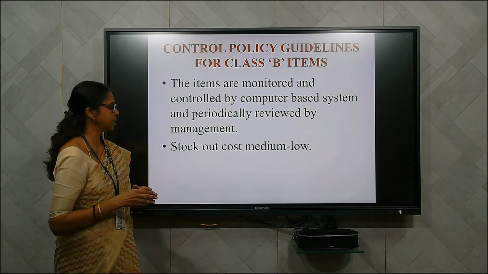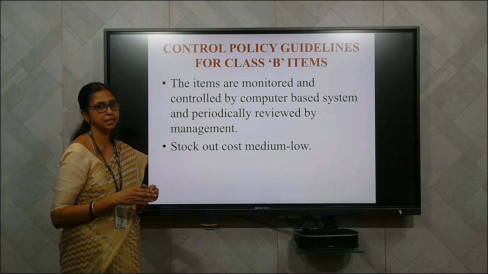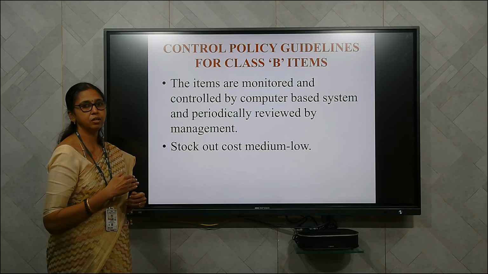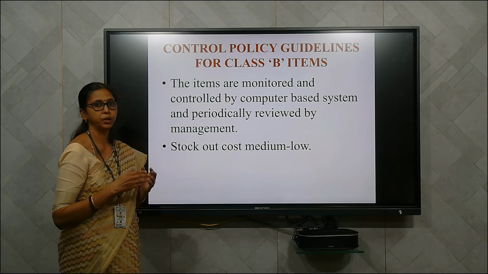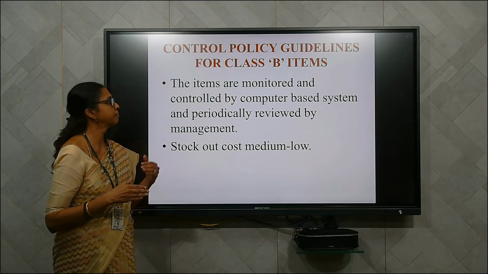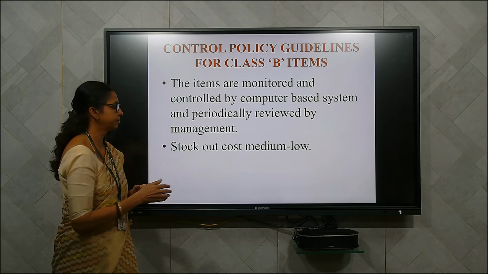Compared to A, the stock out cost, that is the out of stock cost, is medium or low for B items. This is also important for production but much lower than the items in A. A is very vital; compared to A, B is less important in production.